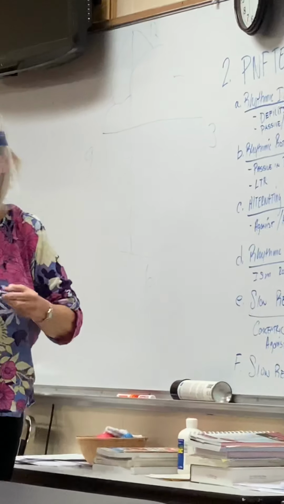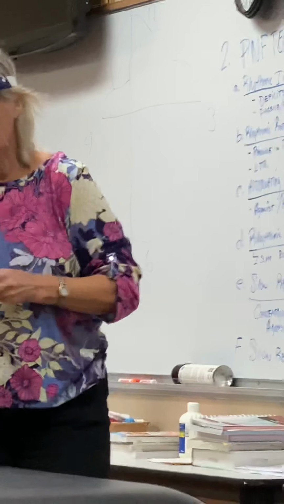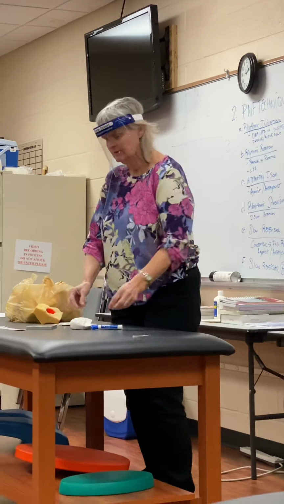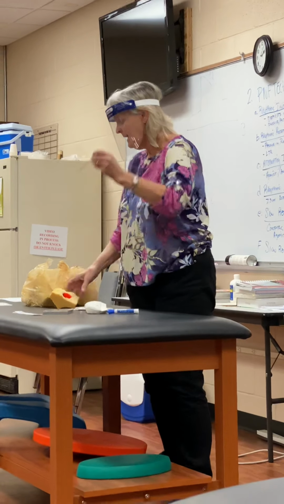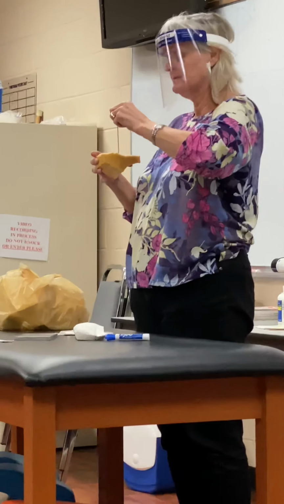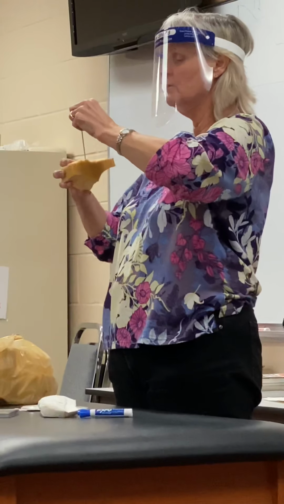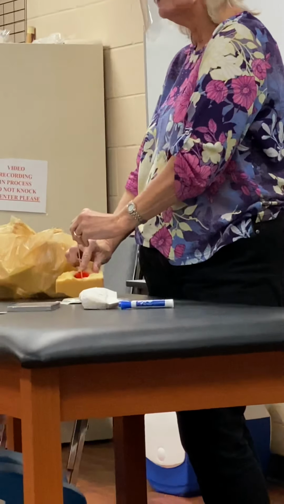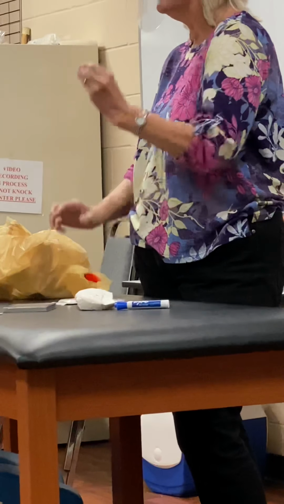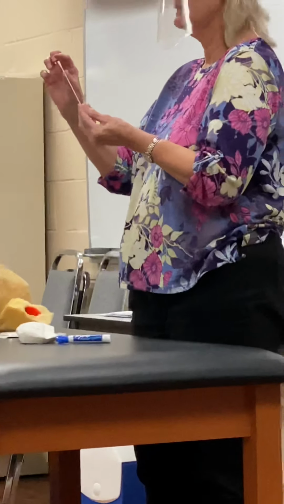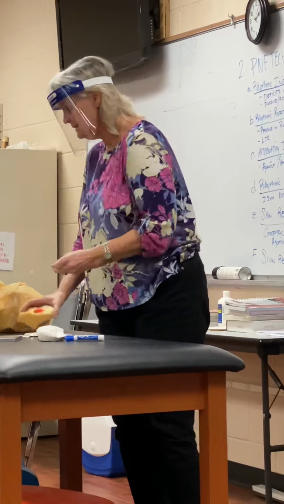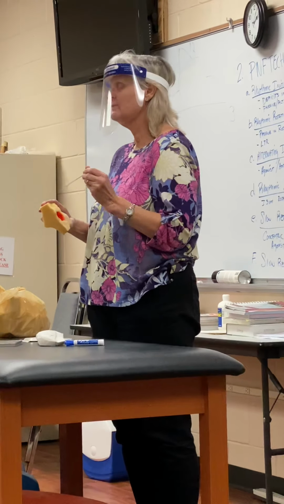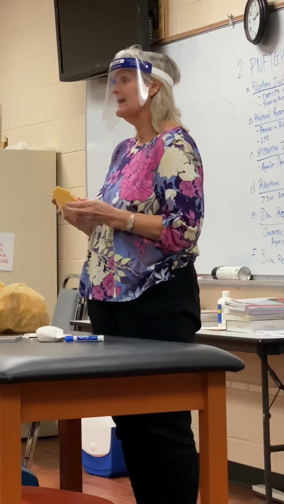And then on your depth, what you do is you take one of these Q-tips and you stick it into the deepest part, and then you mark on the skin with a pin the top of it, and then you measure that for your depth, okay? Some of these do have tunnels, so you have to say what the tunnels are.